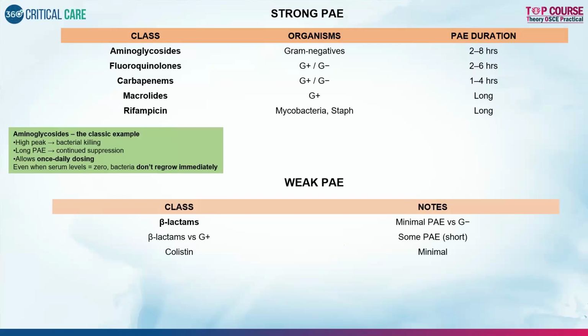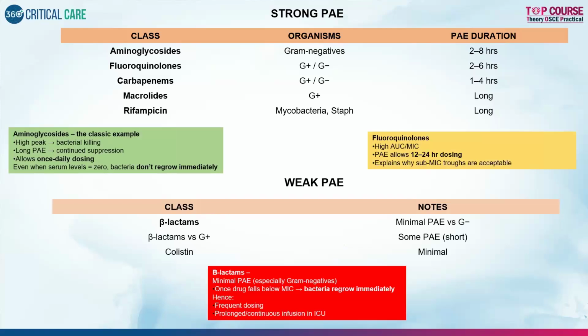That is one of the reasons even once daily dosing can be given because the bacteria doesn't regrow immediately. Again, fluoroquinolones also is a good choice. Sometimes that's why we give it as a BD or OD dosing. And we can send the patients back home also with these drugs on oral therapy. Beta lactams, you should remember it is one of the ones with lowest PAE.